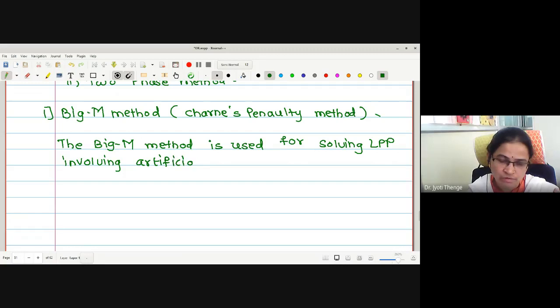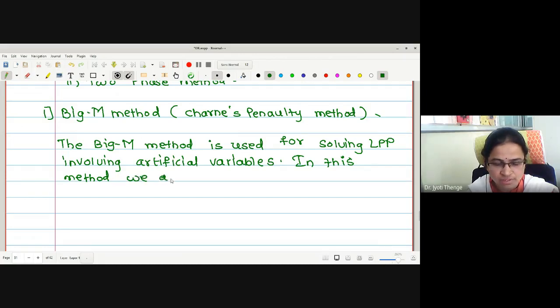Solving artificial variables. Okay. In this method, we assign a big value, a very high penalty.